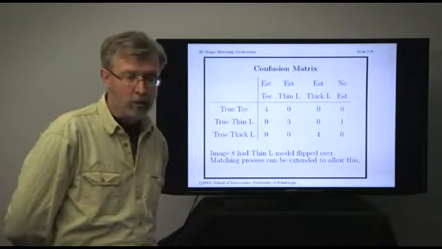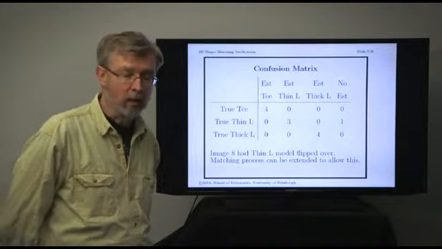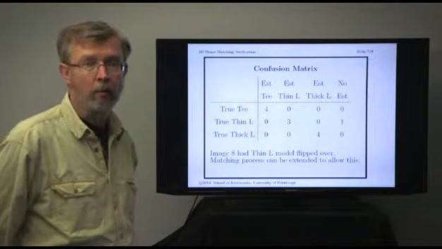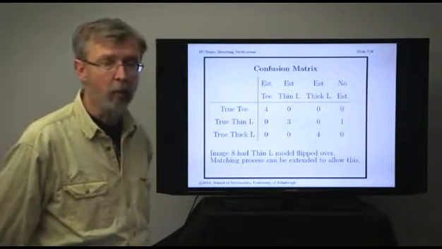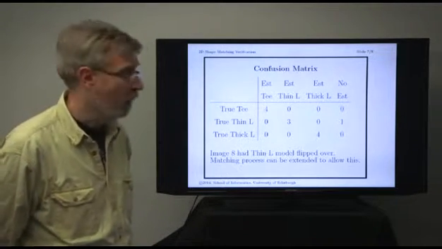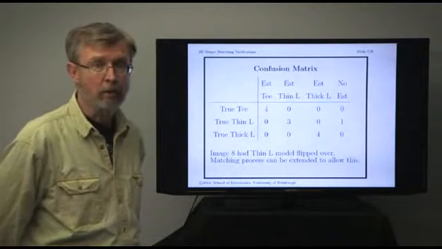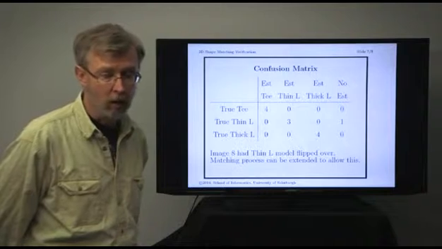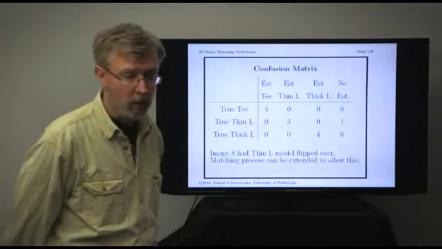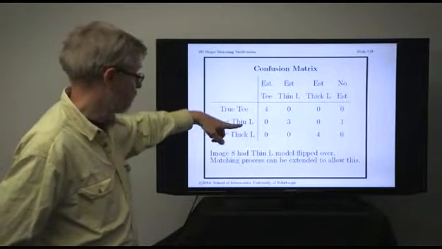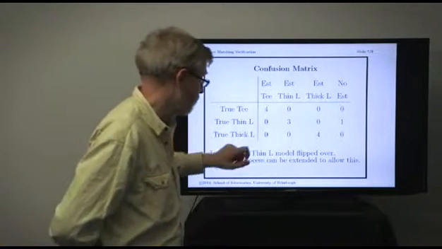One of the things we would like to do is not just examine a couple of examples, but examine a large number of examples just to see how well our algorithm performs. And so I showed you previously a set of the segmented boundaries for all of the objects. And in this case we had 12. We had 4 examples of each of the T shape, the thin L shape, and the thick L shape.